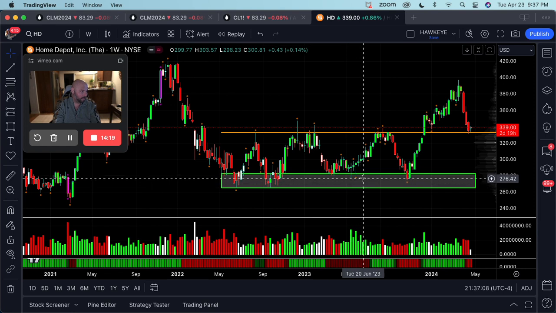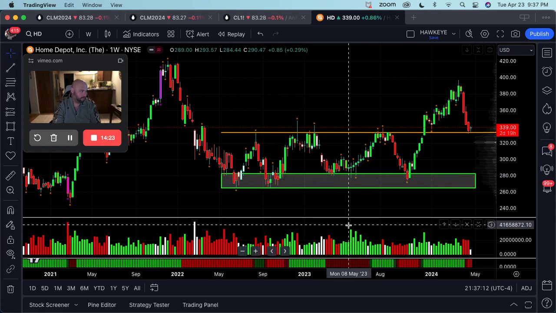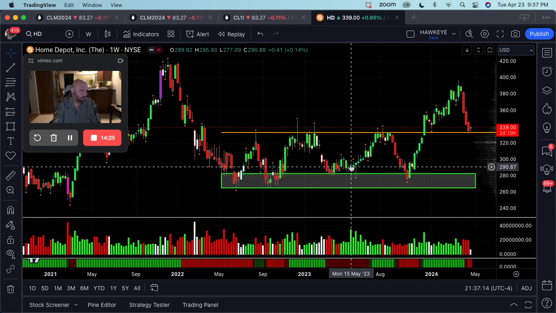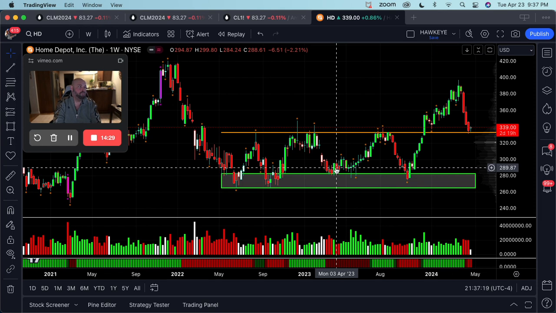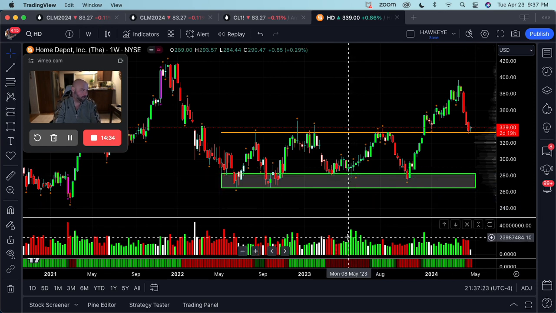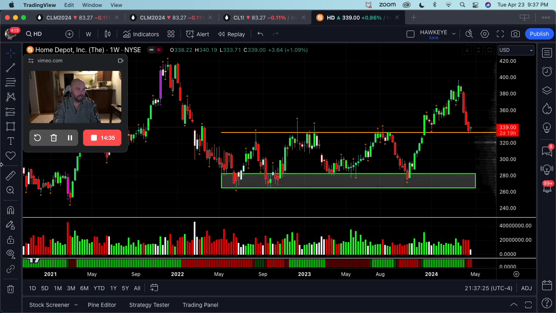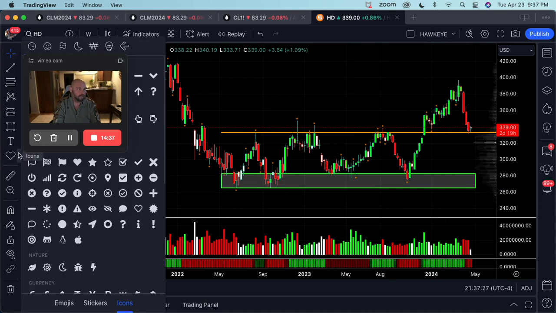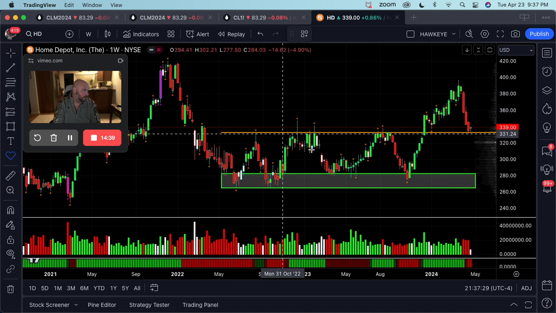Price makes the lowest wick into the demand zone, and the highest buying volume pushes price back up into the top 20% of that candle. So that tells me what? There's super strong buying interest right here on this very specific candle.